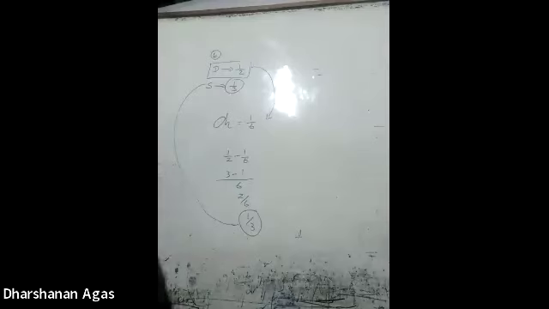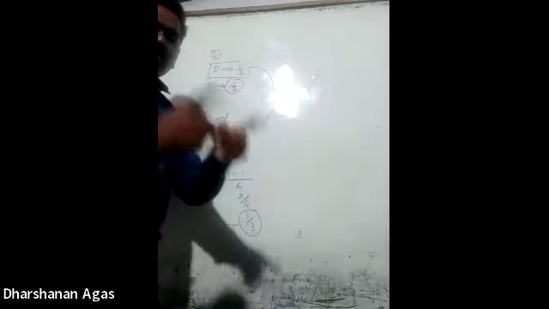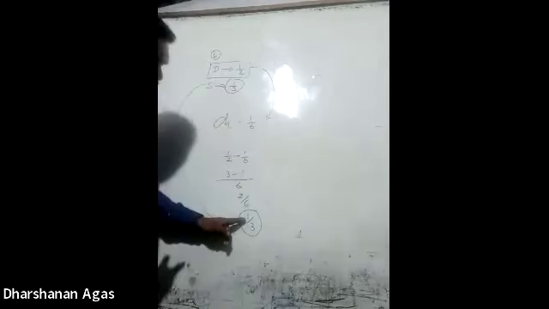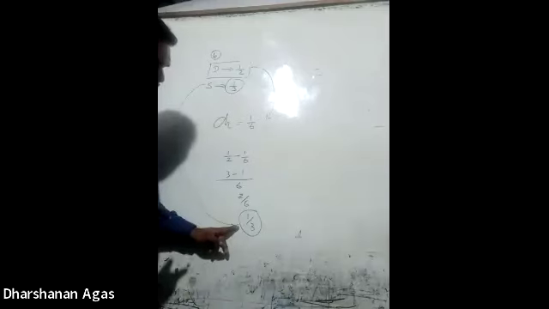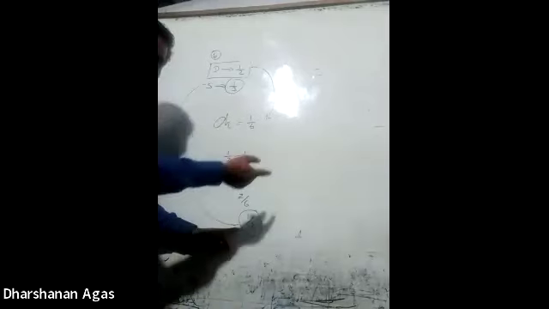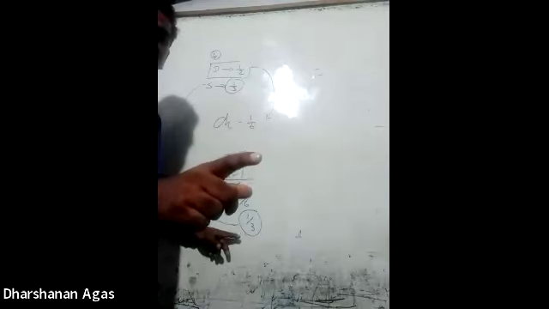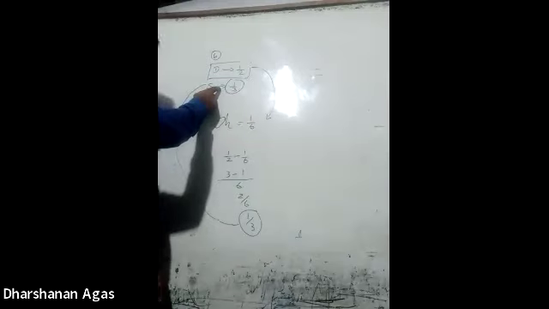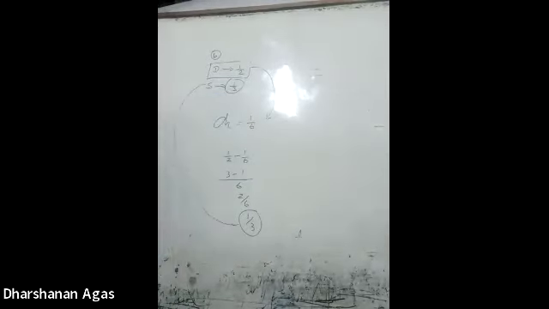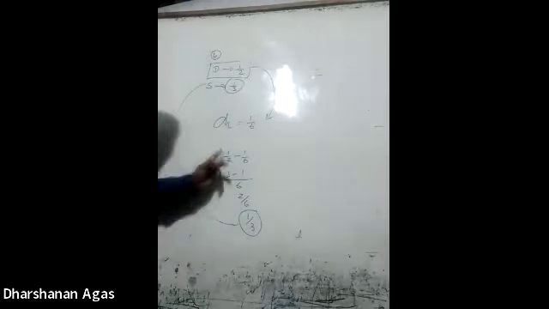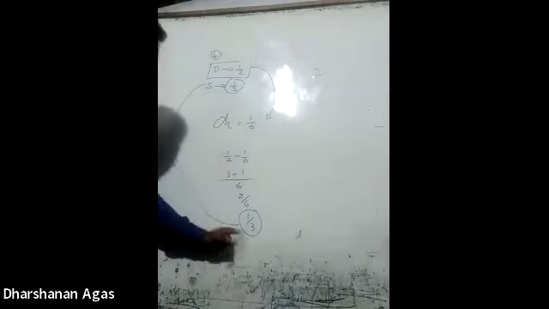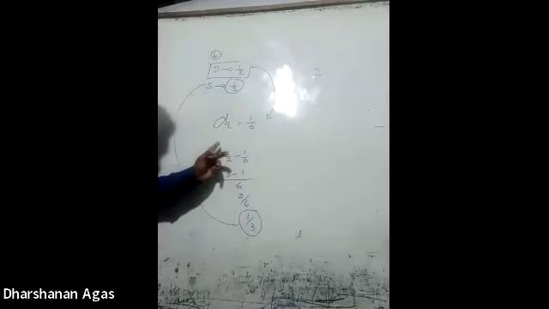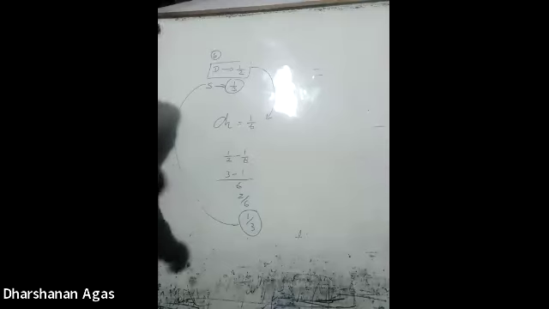The question says that after donating some part of land to the charity, you have to show that the daughter's share is equal to what the son initially received. Now you got it. Finally the daughter has 1/3. First the father gave 1/2 of the land, but the daughter donated 1/6.